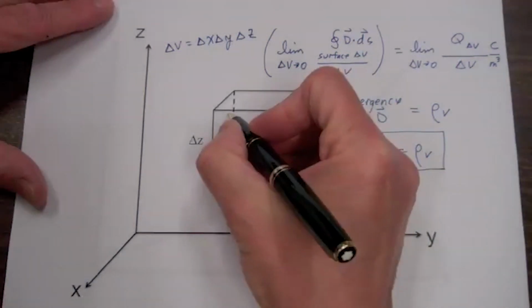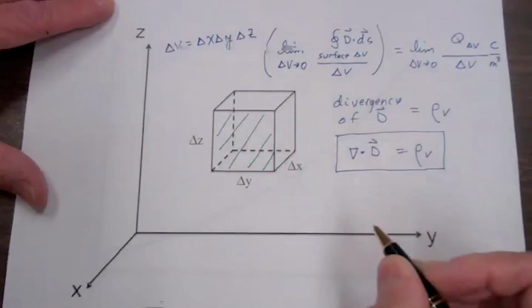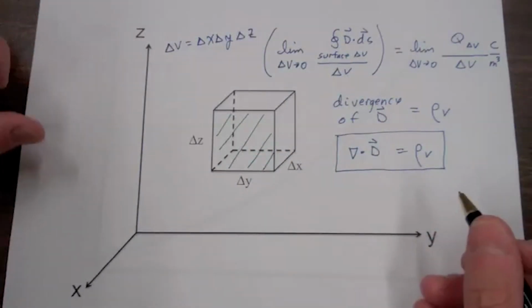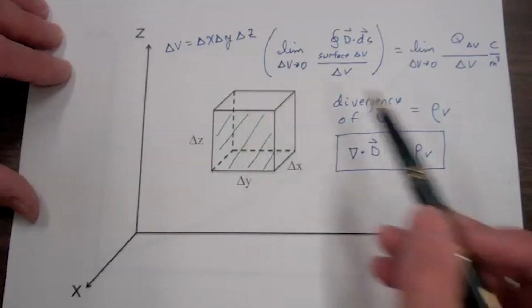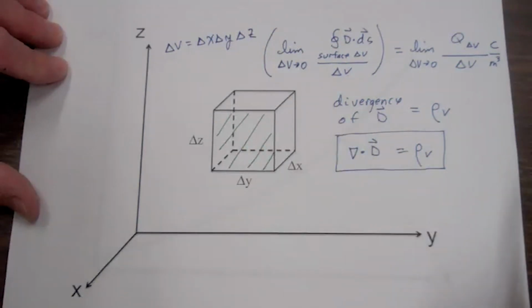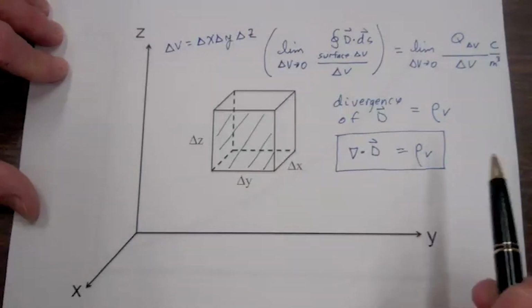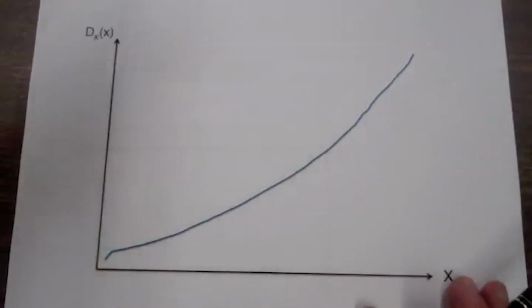Looking at this cube, let's call this the front face and the opposite side the back face. Now what we want to do is see how we're going to estimate the electric flux density field on the front face and the back face, knowing the electric flux density at the center of the cube and how it changes with respect to x, y, and z.